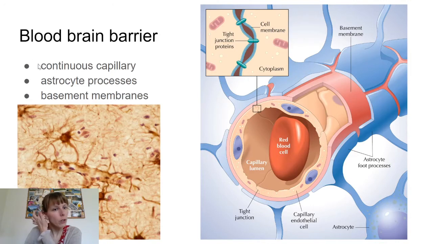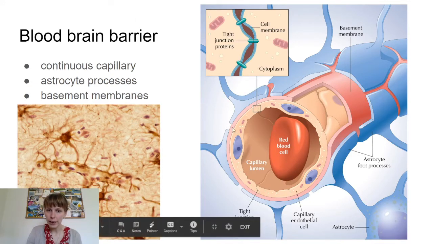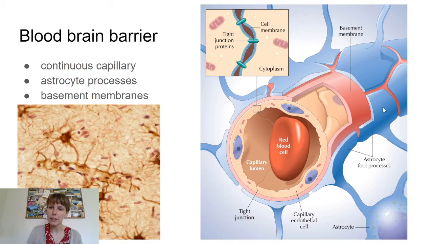So you have a continuous type of capillaries, not the fenestrated ones or the sinusoids, not at all. You will have the most tight capillary type, and then you will have processes of astrocytes covering the capillary as well.